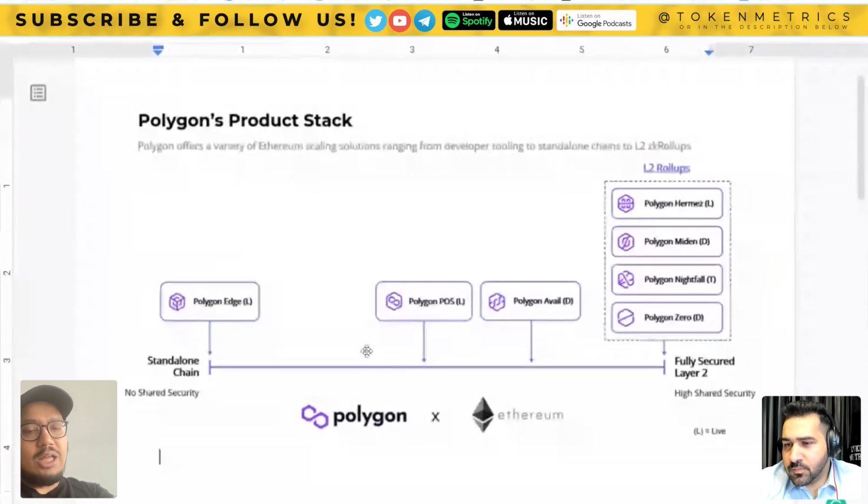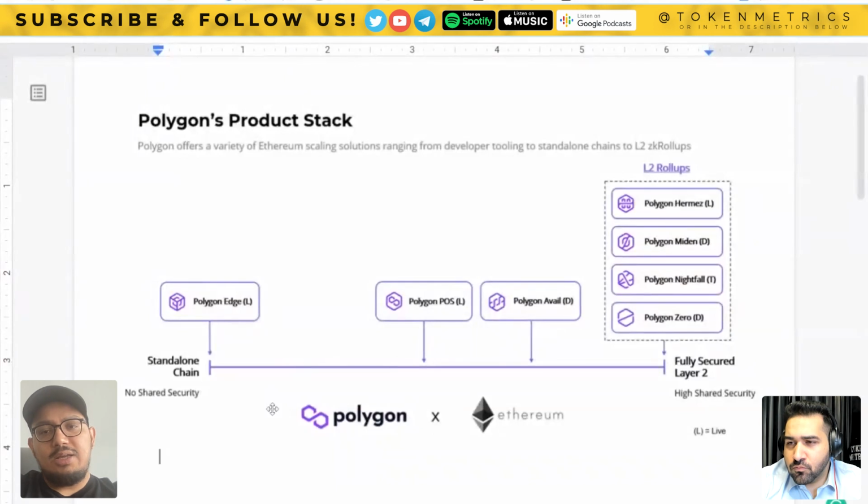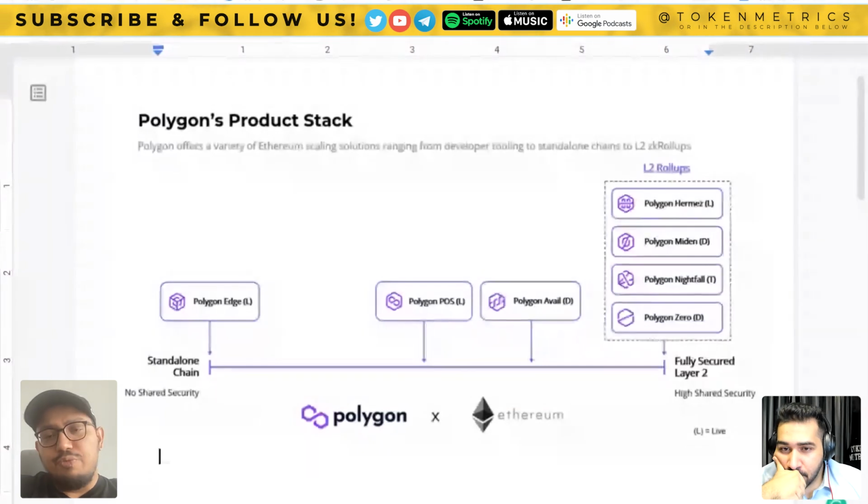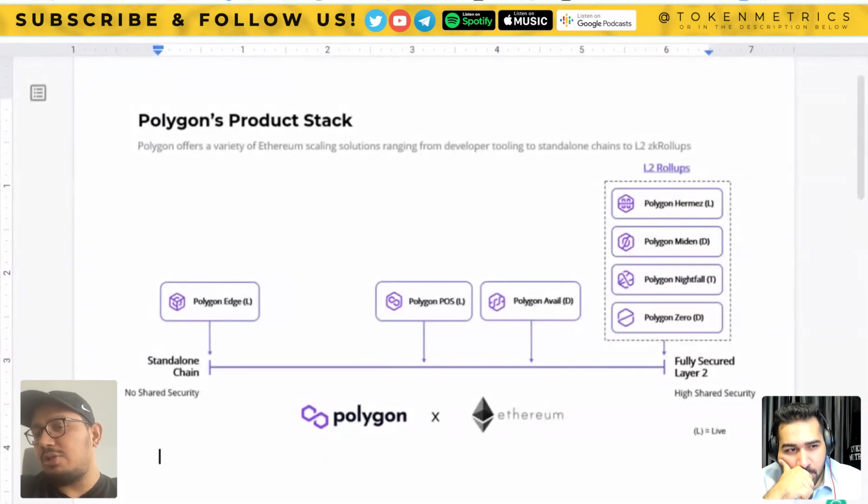So, Polygon is a very unopinionated Ethereum scaling platform, which believes that there are multiple ways how you can scale Ethereum, right? So Ethereum also scales when you have standalone chains which connect back into Ethereum. Their tokens come back into Ethereum ecosystem. Their users use Ethereum. They have an Ethereum address and all that, right?